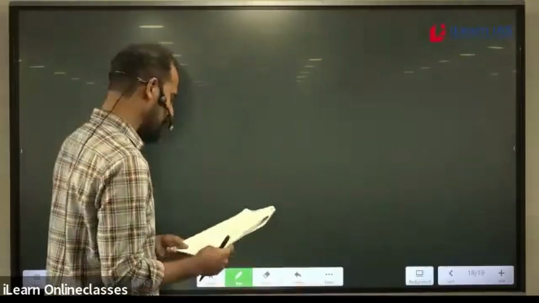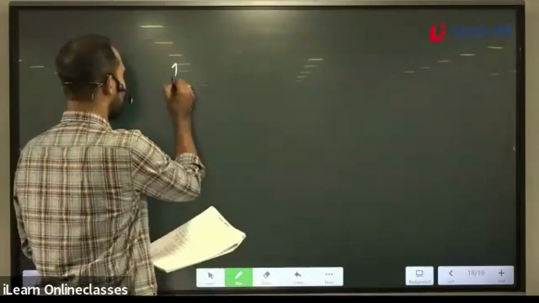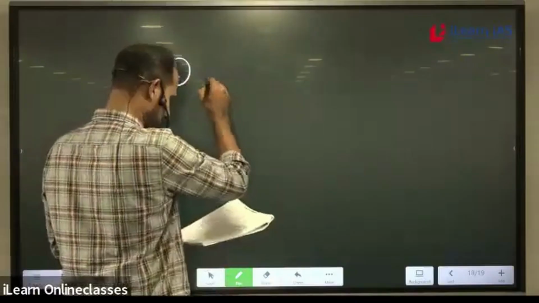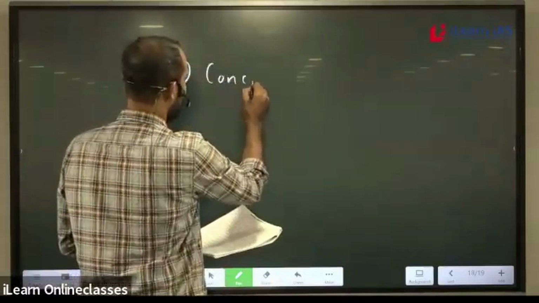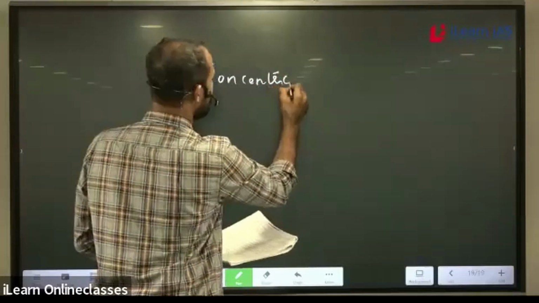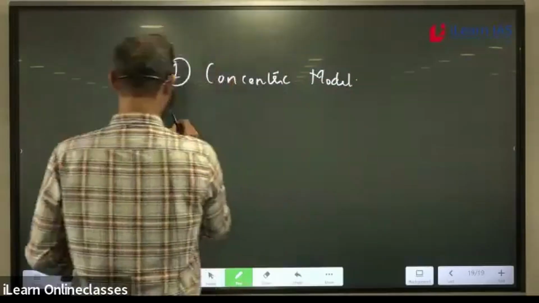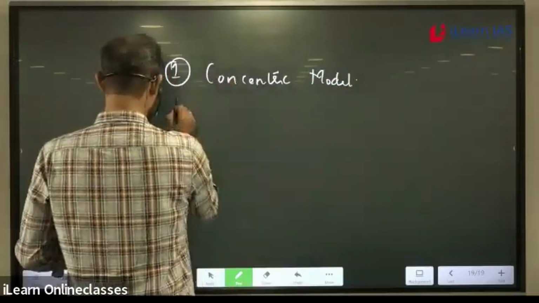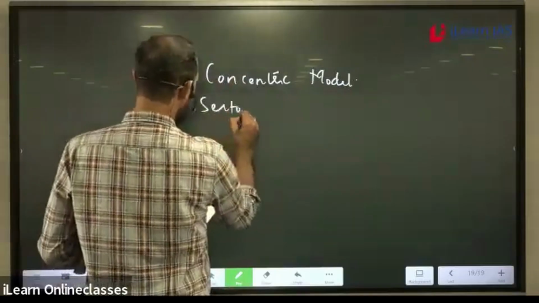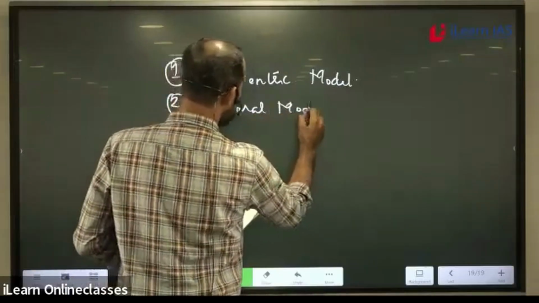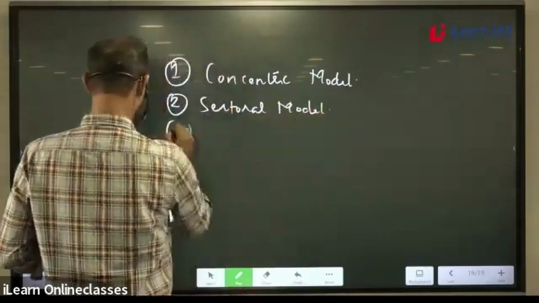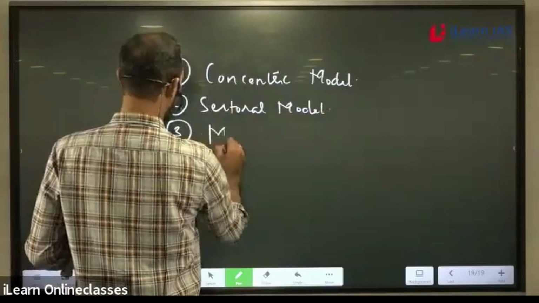So let us look into some of the models which are there. There are three major or traditional models associated with urban morphology. One is called concentric model. Second is sectoral model. Third is multi-nuclei model.